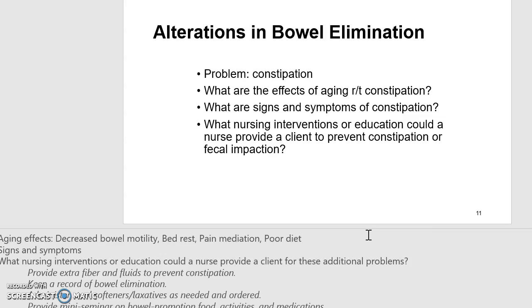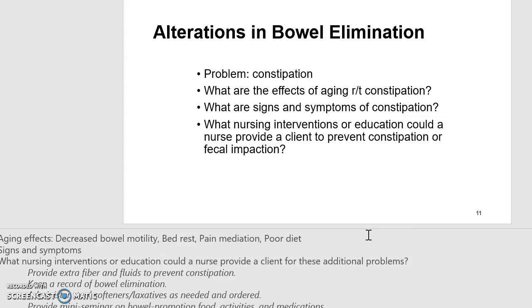Signs and symptoms of constipation are abdominal pain. We might even see some diarrhea that squeezes through because the bowel is so blockaded that the bowels are spasming to get some through. We might see decreased bowel sounds as well in our assessment.